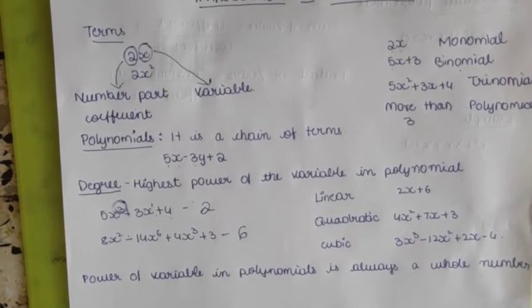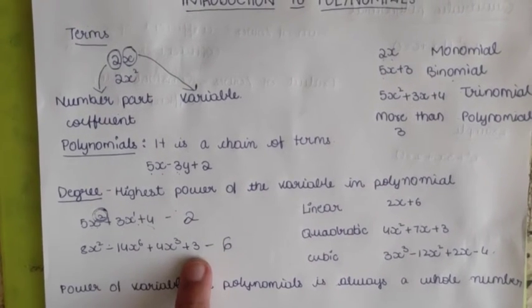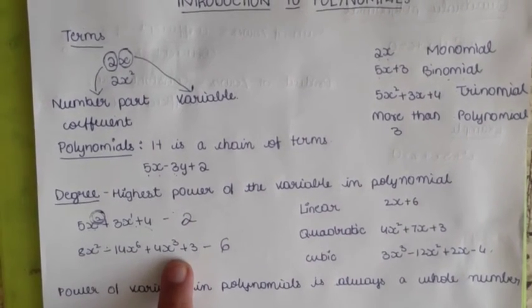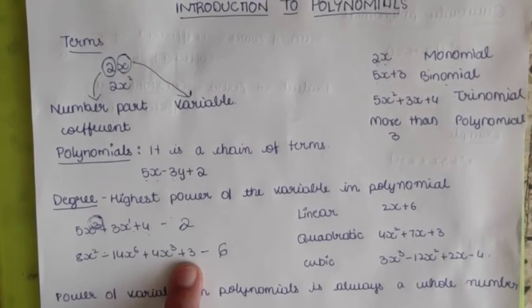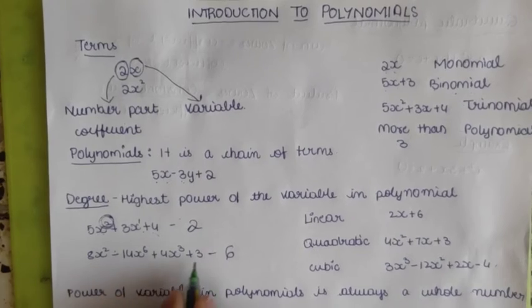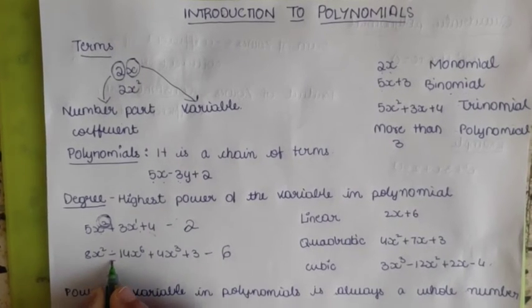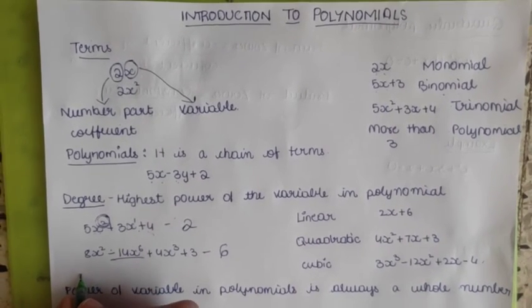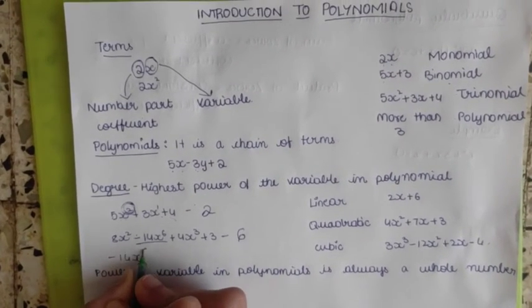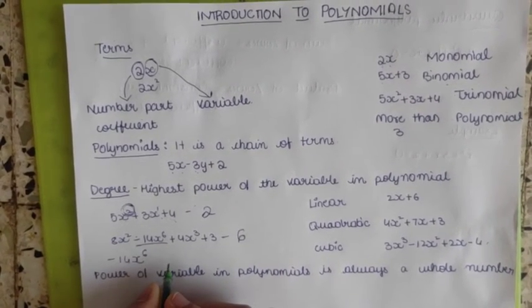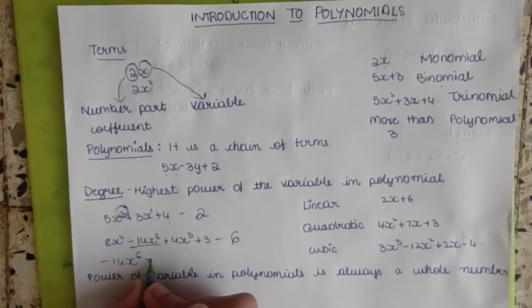Now in this second example you can see that the terms are not arranged in order, so let's arrange them. Which has the highest power? Minus 14x^6 has the highest power, so I'll write minus 14x^6. Second, we see which has the next highest power.